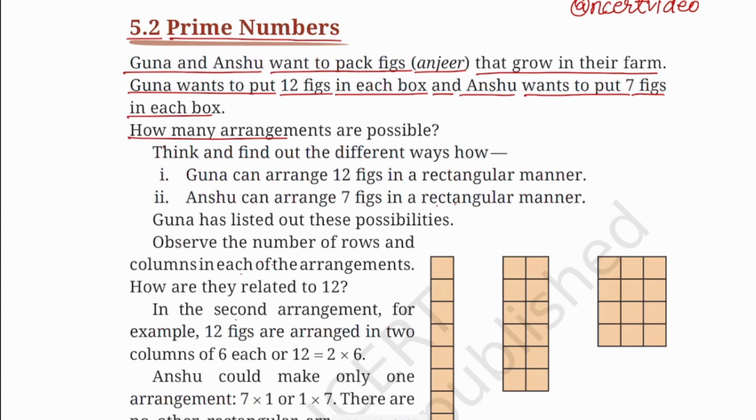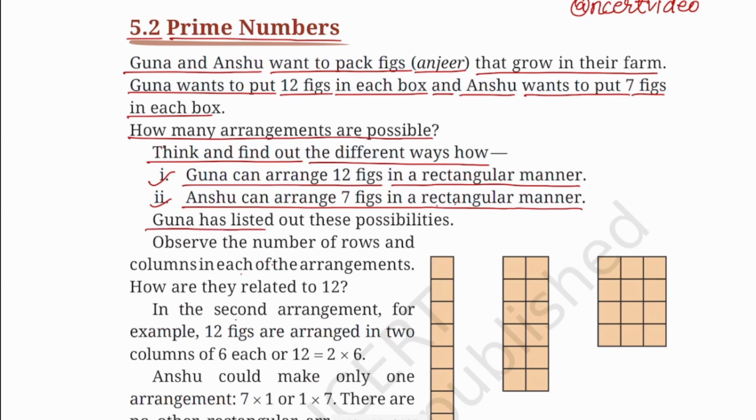How many arrangements are possible? Think and find out the different ways how Guna can arrange 12 figs in a rectangular manner, and Ansu can arrange 7 figs in a rectangular manner.